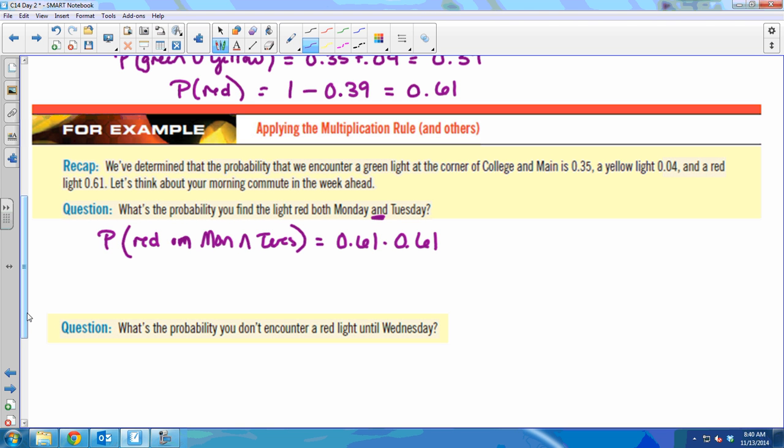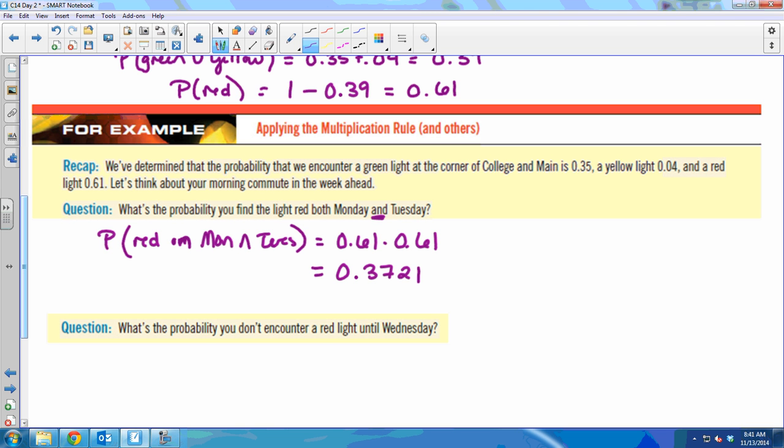You're adding if it's going to be something or the other. Here we have "and." So when you have "and," in general, you're going to multiply. So that's a good point: "or," add, and "and," multiply. Okay? So what's 0.61 times 0.61? Does that make sense while we're multiplying it? Yes. Okay.